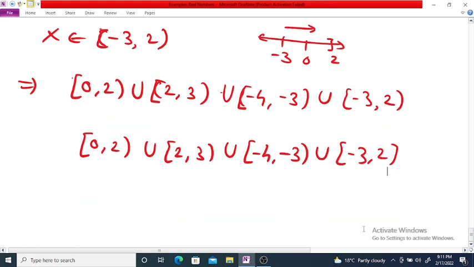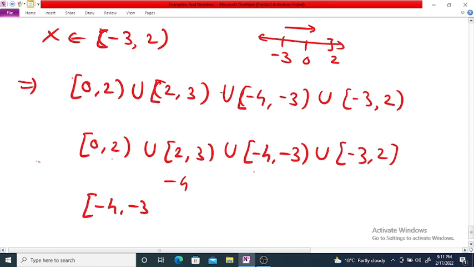That is minus 4 to minus 3, then minus 3 to 2, then 2 to 3 and 0 to 2.